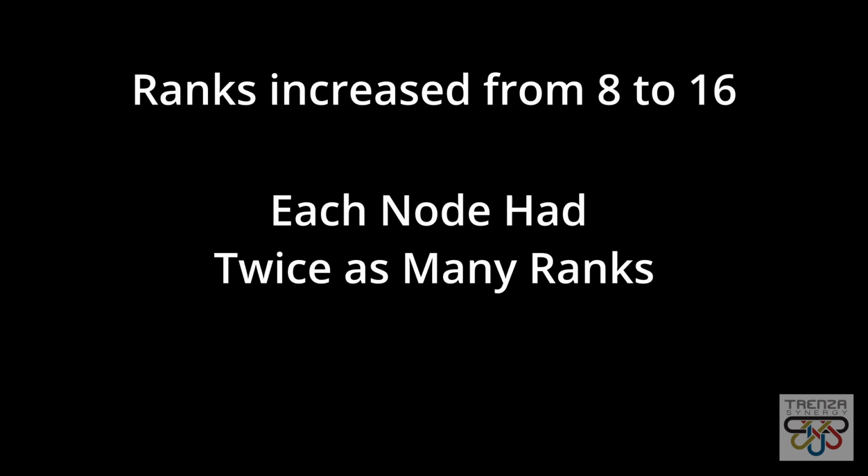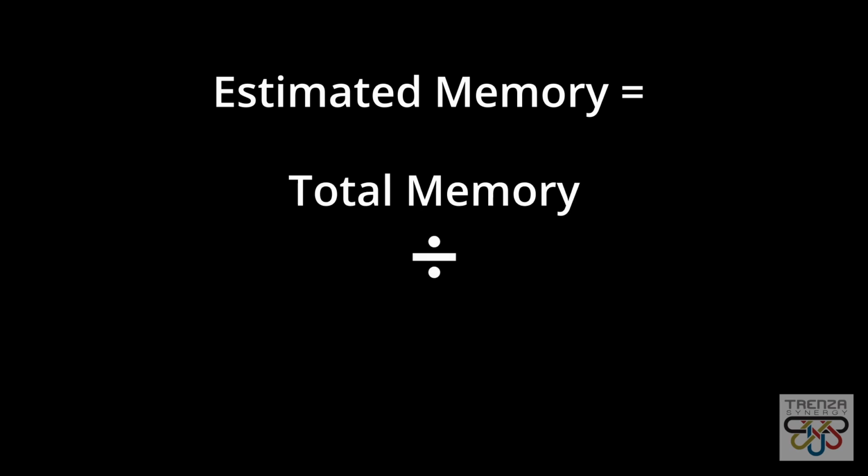Since all the ranks running on the node share its memory resources, the 2 ranks will compete with each other for the memory resources. Survey estimates the available memory by taking the total memory available on the node just before the run and dividing it by the number of ranks.